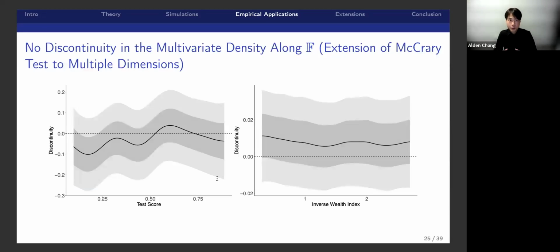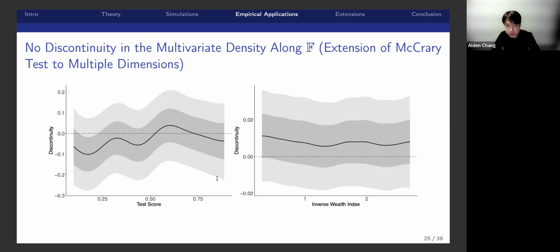Now, before estimating the MRD design, I'll test the identifying assumptions. The first test: recall that in the single-dimensional case, there is something called a McCrary test, and we can do something very similar in multiple dimensions. Basically, we want to test whether the multivariate density function of the running variables is continuous at the threshold, at the treatment frontier.